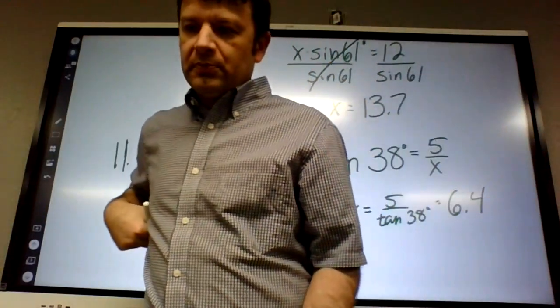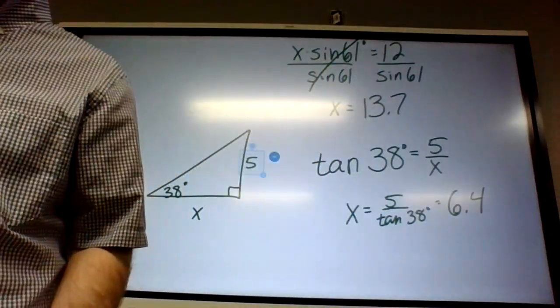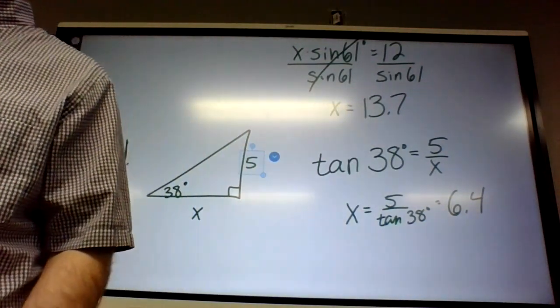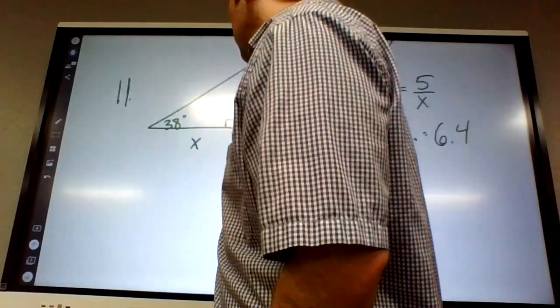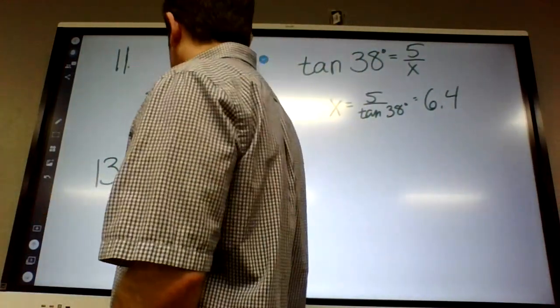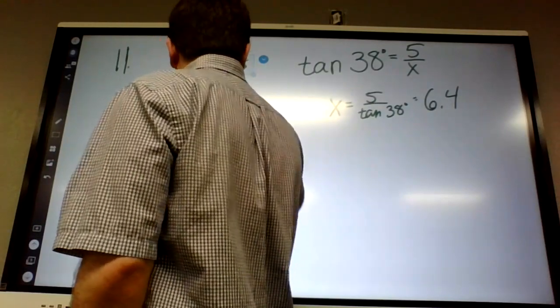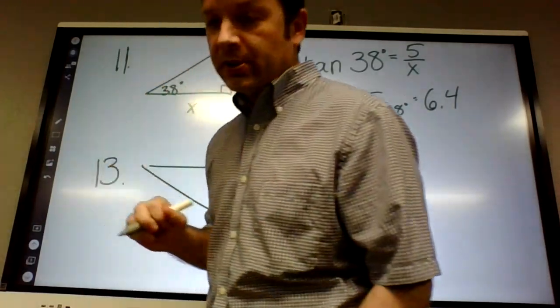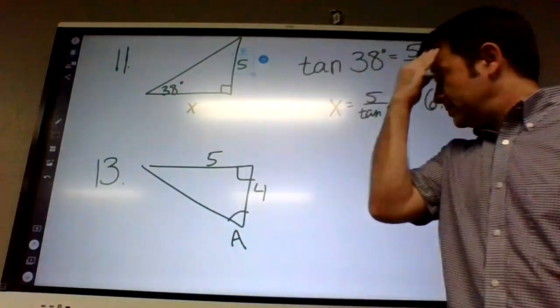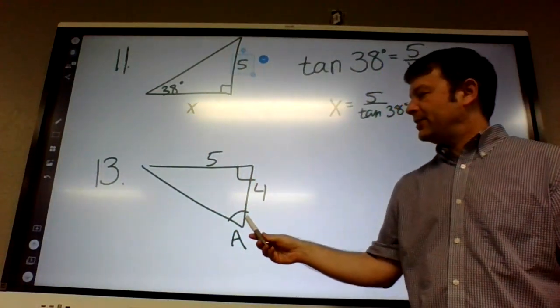All right, number 13. Find the measure of the angle. Let me draw it real quick. A little bit sloppy there. The angle is down here. So, we're going to set it up kind of the same.